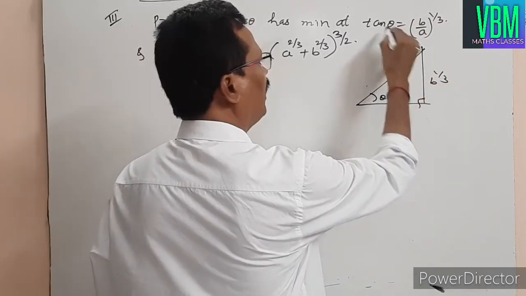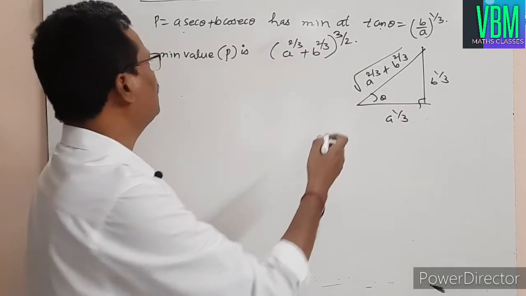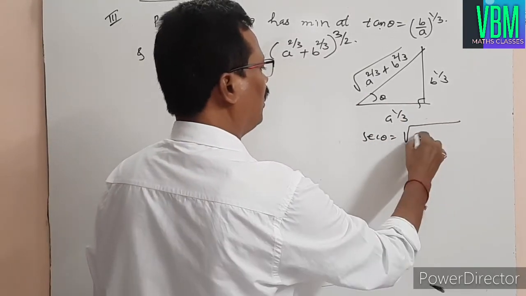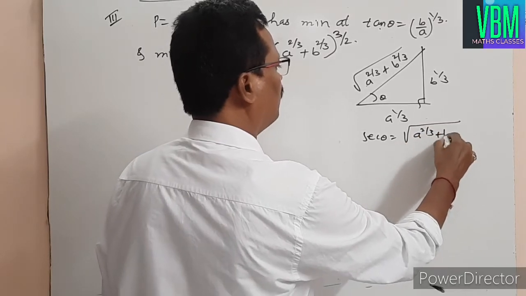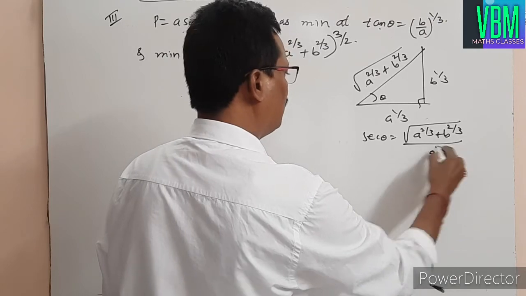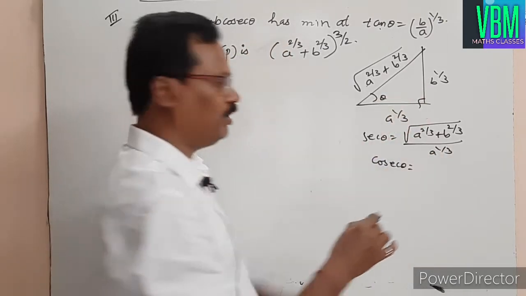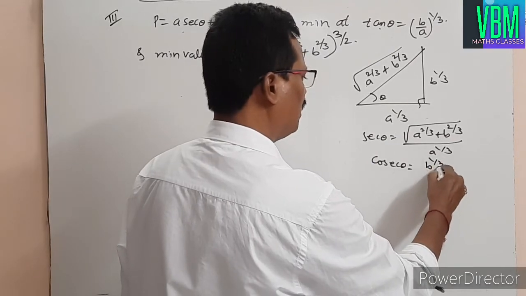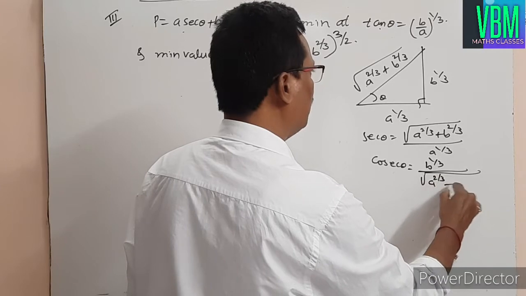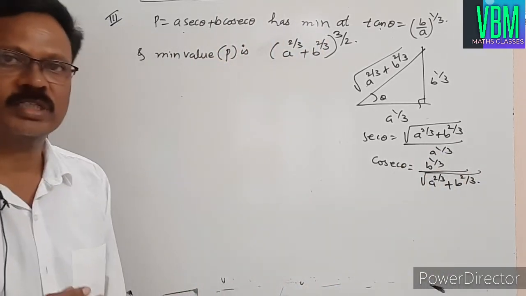Tan theta is opposite by adjacent. Now from this we write the sec theta. Sec theta is under root of A power 2 by 3 plus B power 2 by 3 by A power 1 by 3. Cosec theta is under root of A power 2 by 3 plus B power 2 by 3 by B power 1 by 3.